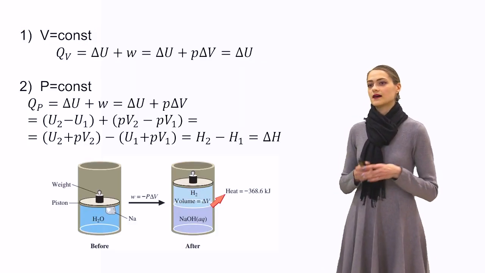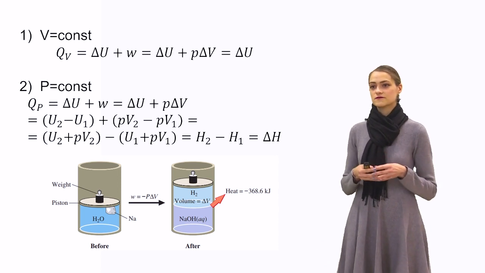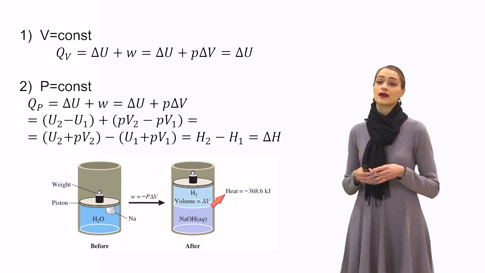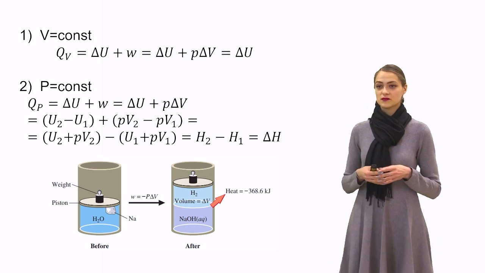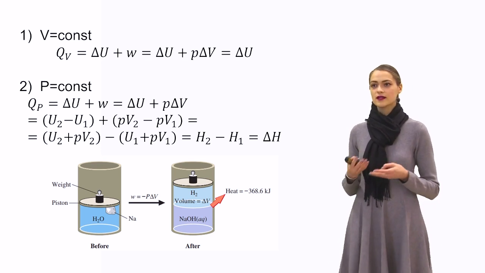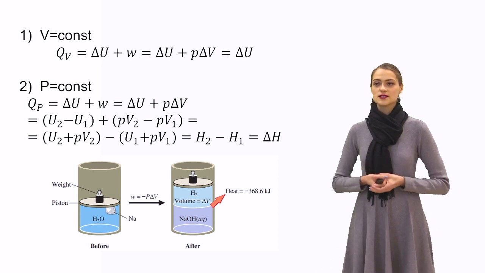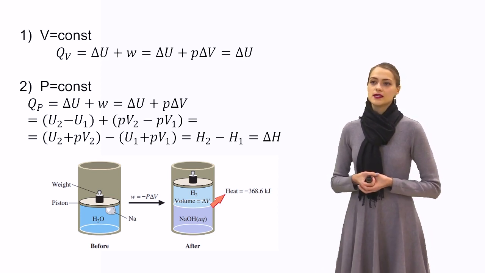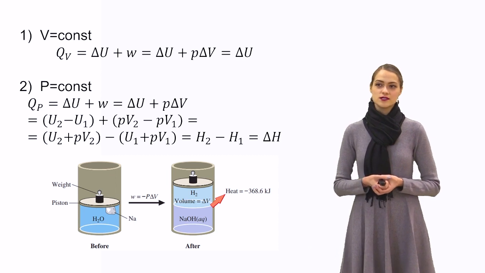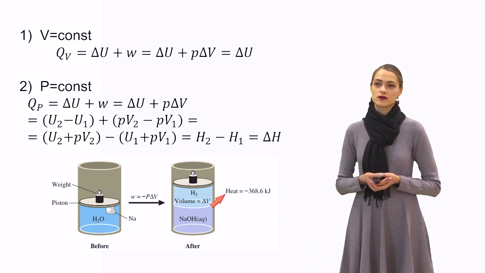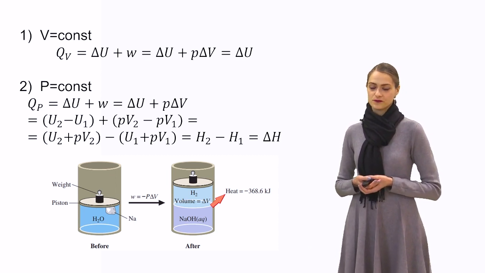Well, now let's use this first law of thermodynamics in different thermodynamic processes: in isochoric, isobaric, and isothermal conditions. Firstly, let's see how it works in isochoric conditions, so when we have constant volume.